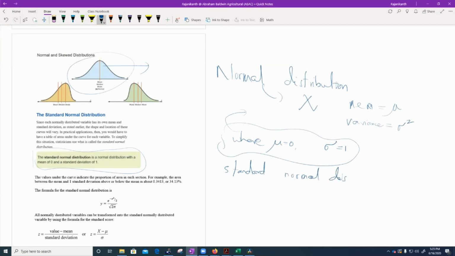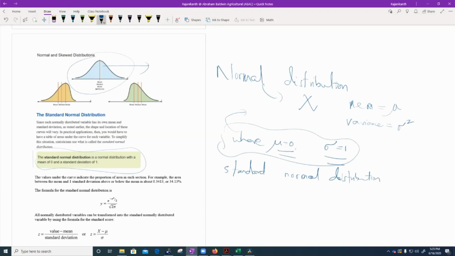Standard normal distribution is a normal distribution, but with mu equal to 0 and standard deviation equal to 1. So when you fix your mean at 0 and standard deviation at 1, those normal distribution curves are called standard normal distribution. In other words, if you are given a standard normal distribution, it is understood that the mean is 0 and the standard deviation is 1.